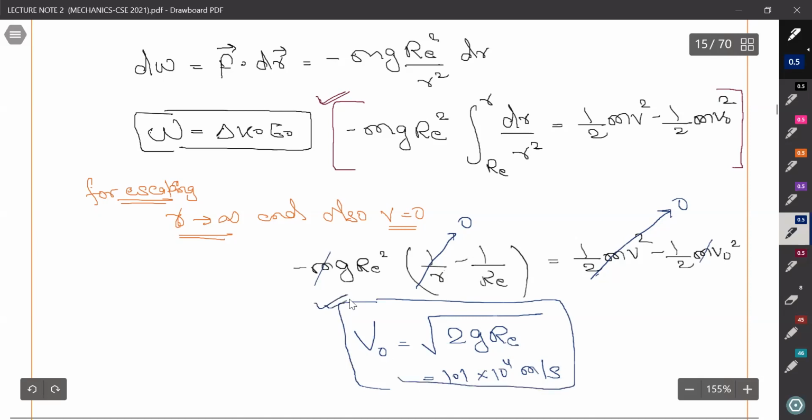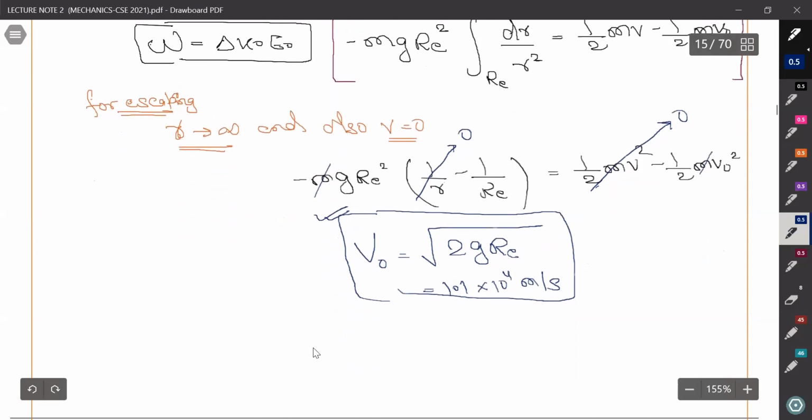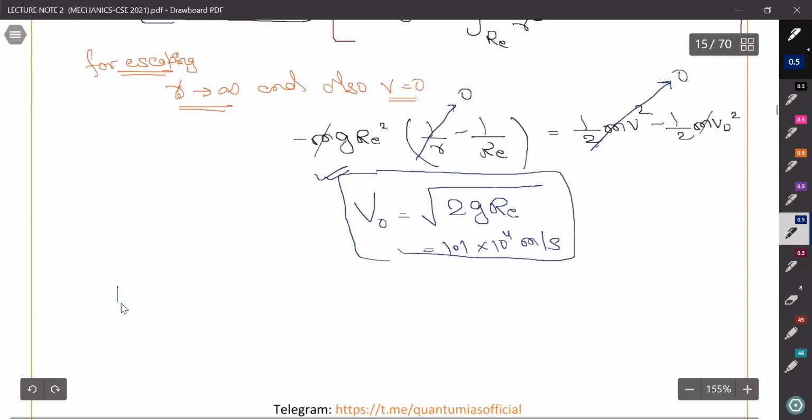One thing we note here, or also the usefulness of the work energy theorem, is that it does not depend upon the angle of projection.